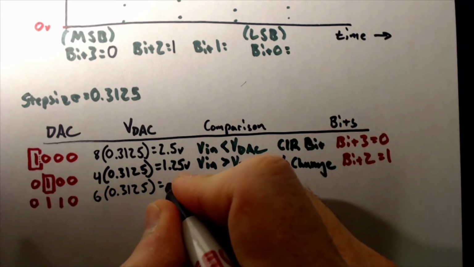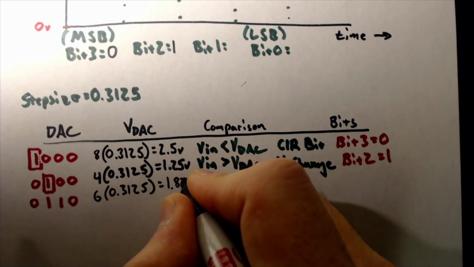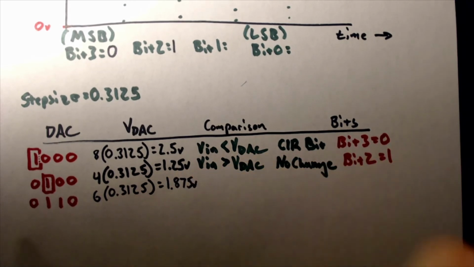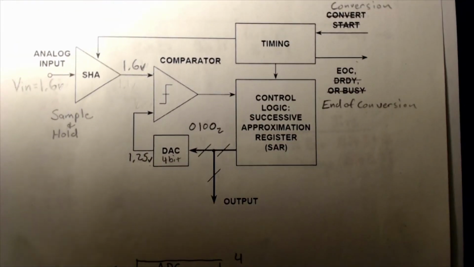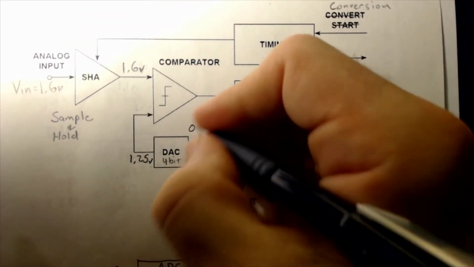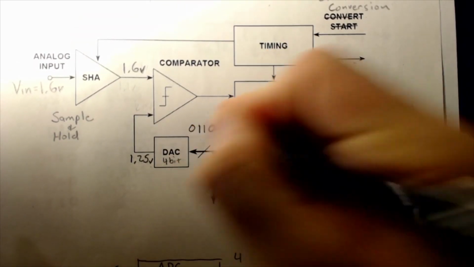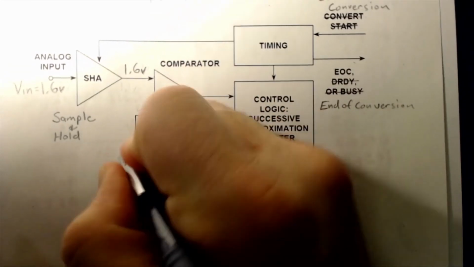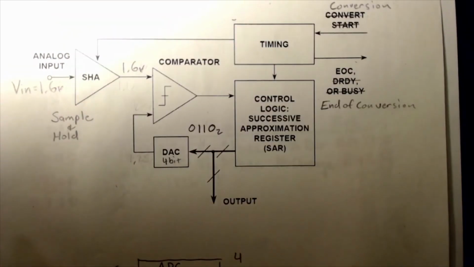That should be 1.875 volts. So we wrote a 6 to this DAC, we get 1.875.